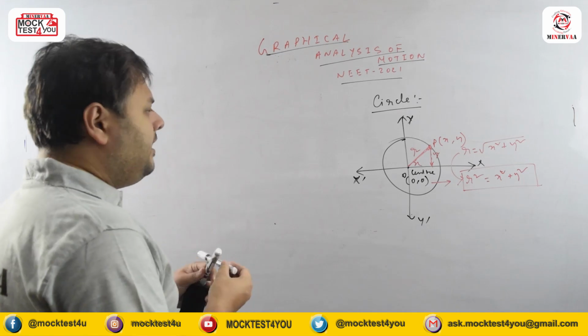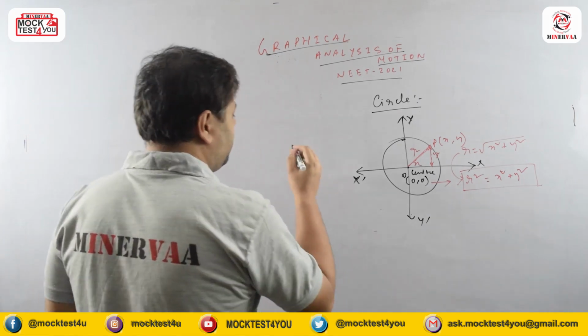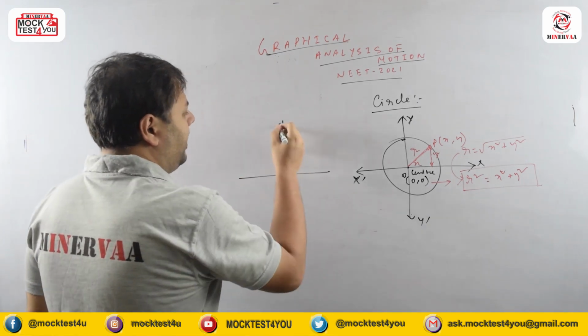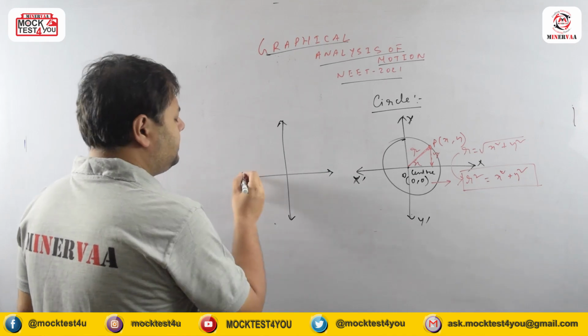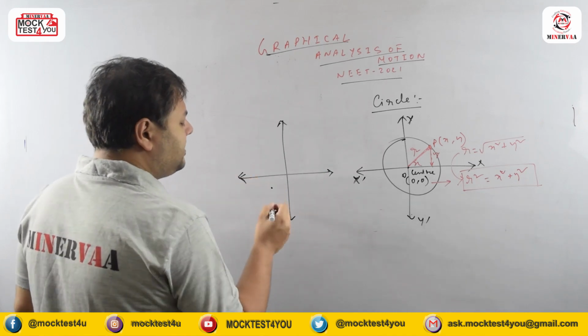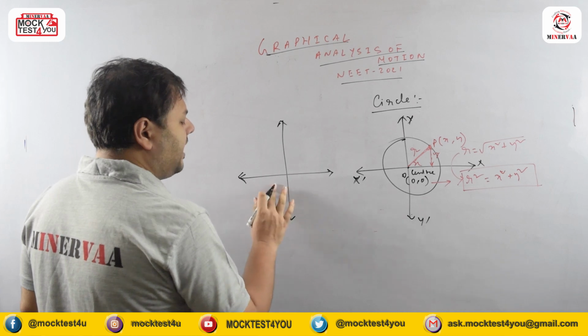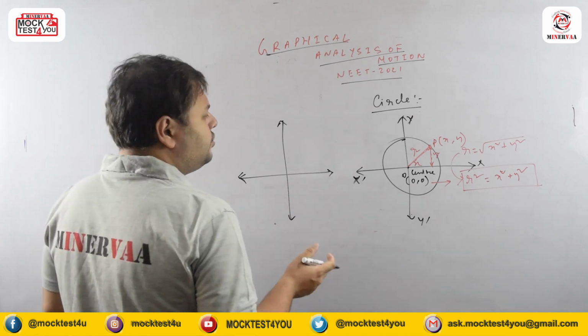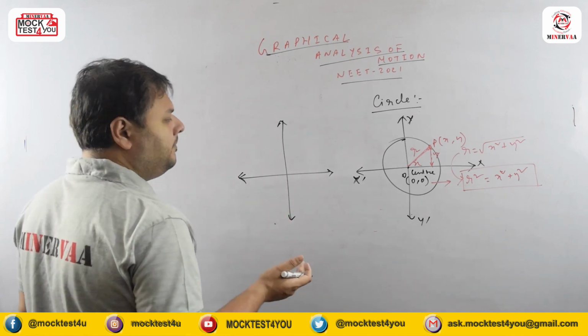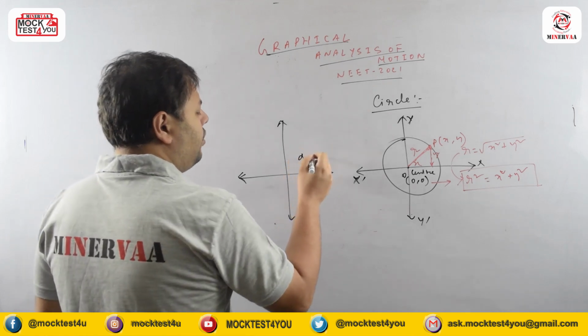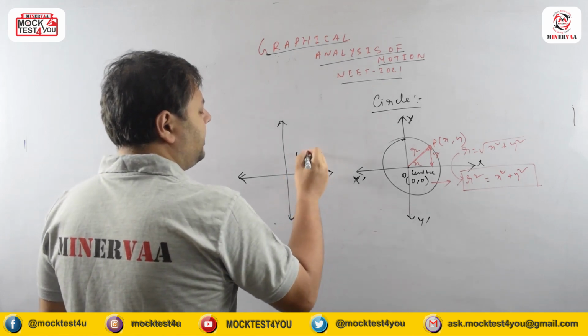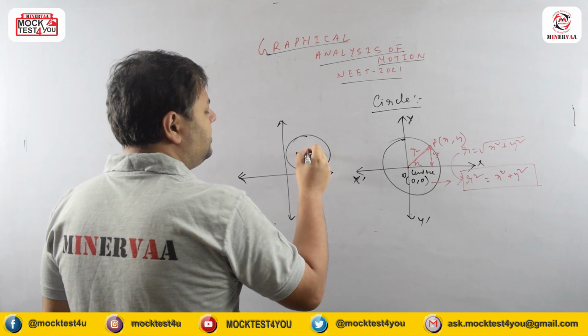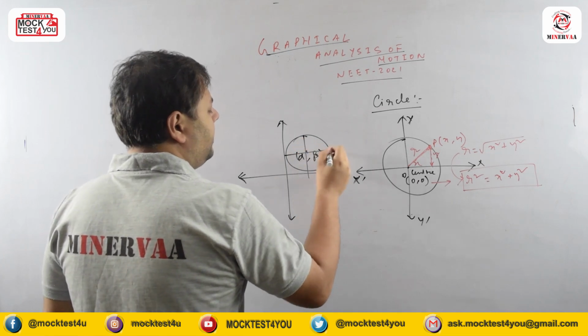Now again, if I go for another format of the circle, where the circle center is suppose at a point alpha, beta, or anywhere, not at the origin. Suppose here is the center, and here is the radius.